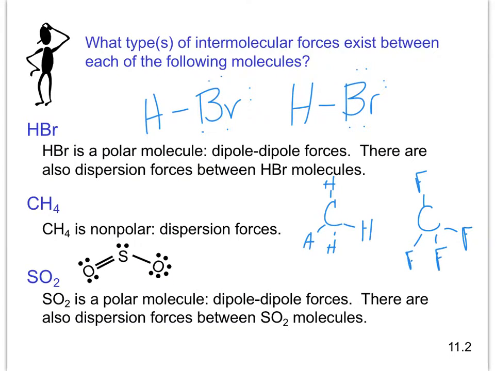So there's a lot of disparity happening. So it's definitely a polar molecule. So it has a dipole moment. So it has dipole-dipole interaction. And there are always, as I said, dispersion forces as well.